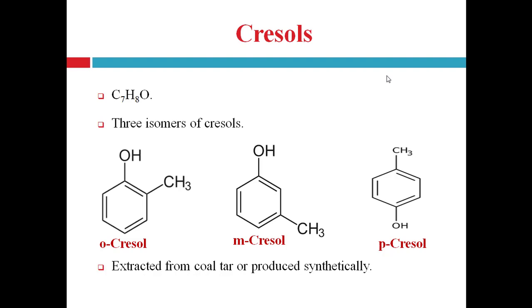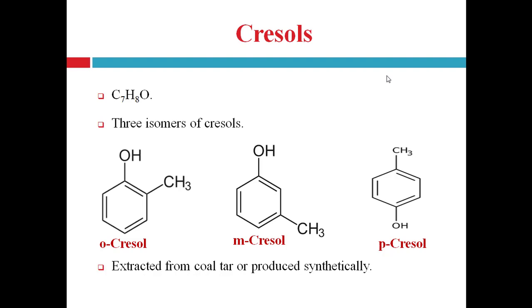That is phenol. And methyl phenol means on the ring OH plus CH3 group is present. So in short, cresols are compounds in which the benzene ring possesses two groups, that is the OH group, hydroxyl group, and the methyl group, right? And the molecular formula of cresol is C7H8O, right? 7 atoms of carbon, 8 atoms of hydrogen and one oxygen atom.